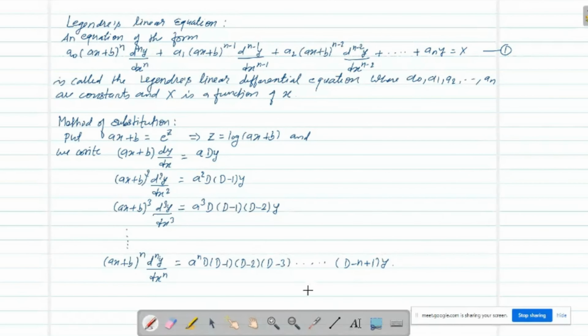Okay, so in this way we write: if there is first order derivative, then we write a Dy. If there is second order derivative, then we write a square D(D minus 1) y, and so on up to nth order derivative.